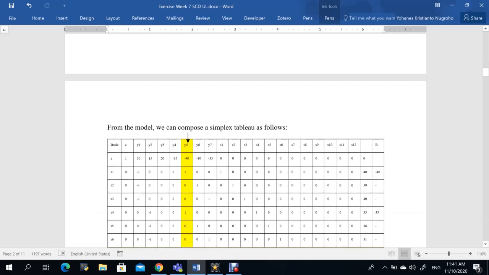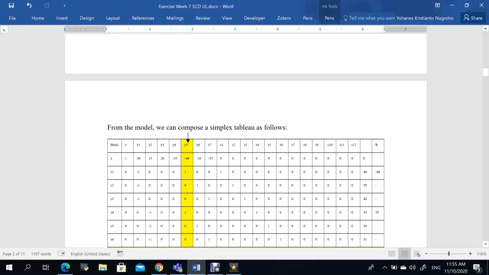And first, this is our simplex tableau, the first simplex tableau, because we have one simplex tableau for each iteration, and we have to find first the simplex tableau from the original problem of our dual. All right, and for the first iteration and also for the following iterations in our simplex method, we have the following simplex tableau.